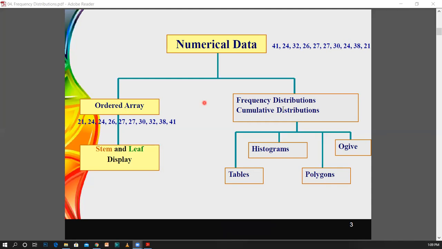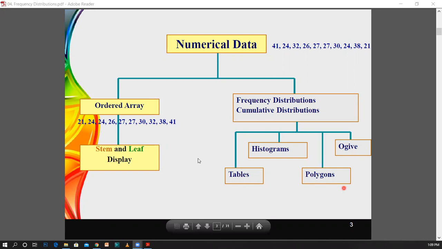And the next thing is the frequency distributions and the cumulative distribution. If you have numerical data, then we can set them as frequency distributions or else as cumulative distribution. Then you can use tables, histograms, polygons, and ogive curves to represent this type of data.